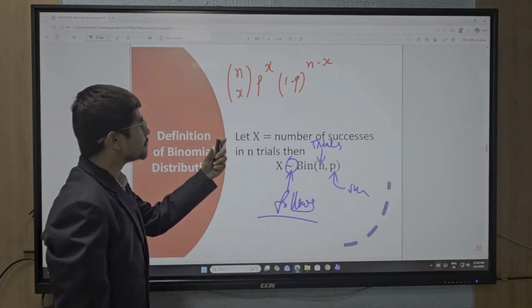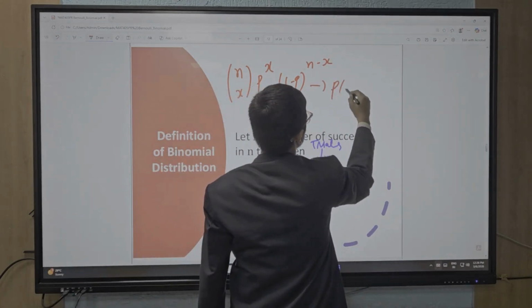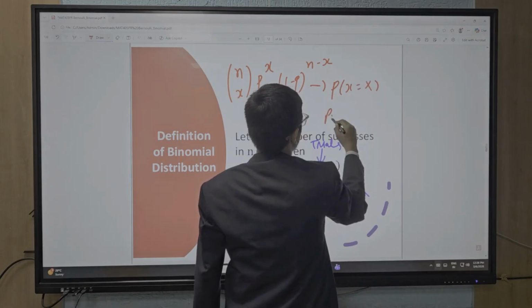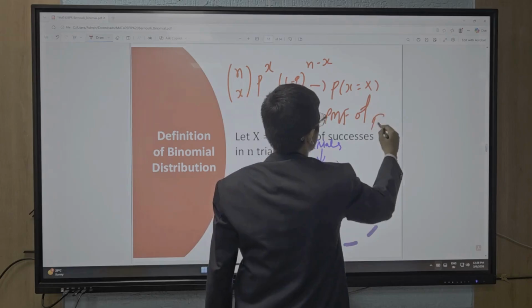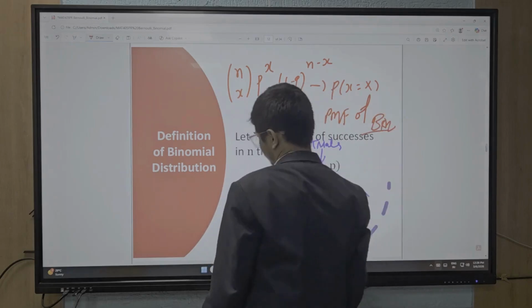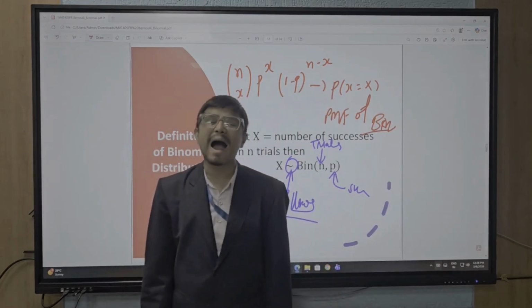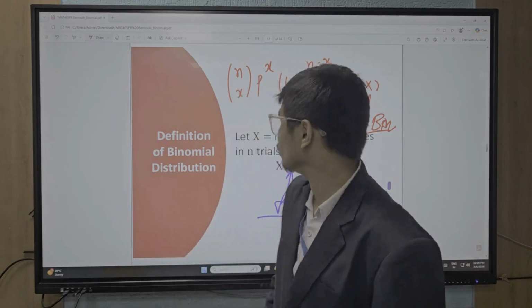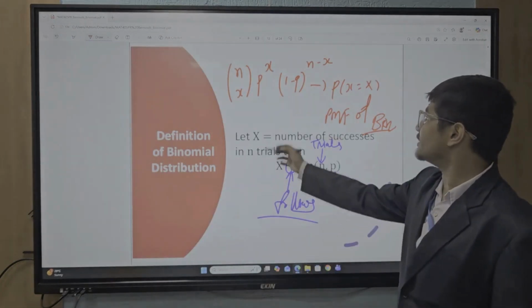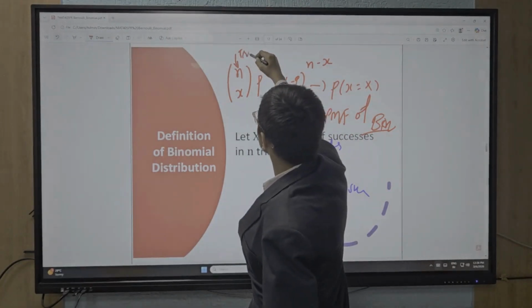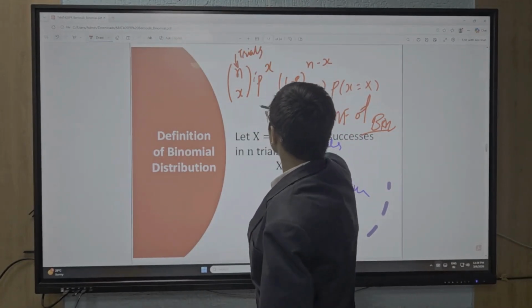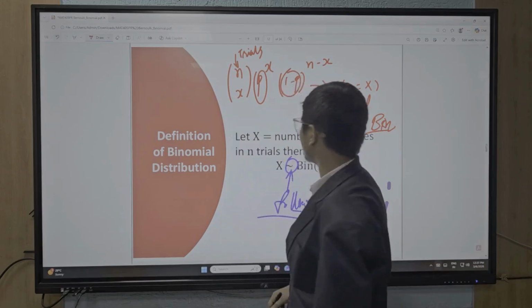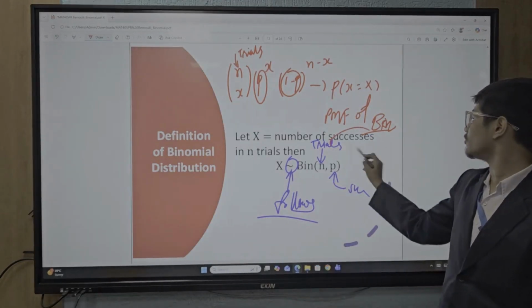This is the PMF of the binomial distribution. Here n is your fixed number of trials, then the probability of success and the probability of failure, and x is the number of successes.